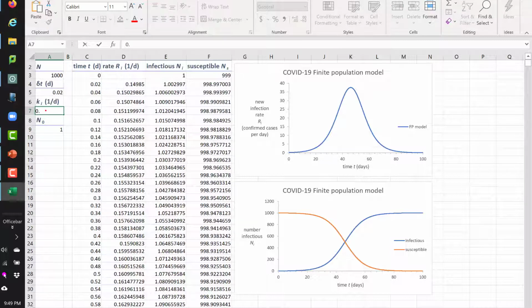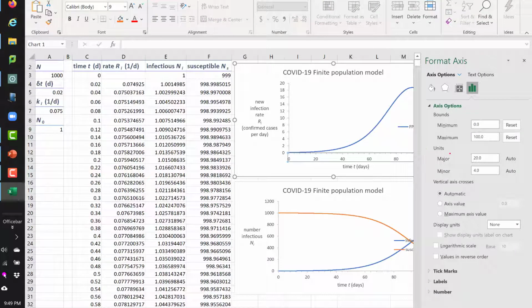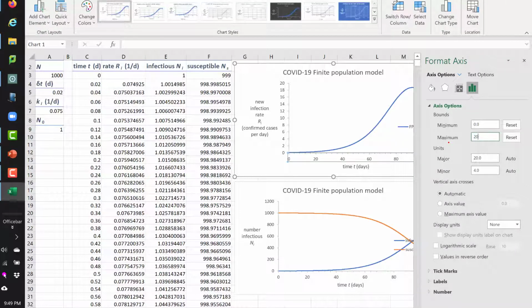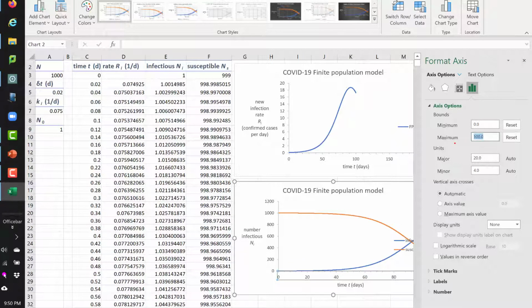So it's 0.075. I think that was right. Oh, and we get the same issue that we had last time, so now we know what to do. Let's double this to 200, and we'll double that one to 200 as well. Not 300, 200. And hit enter.